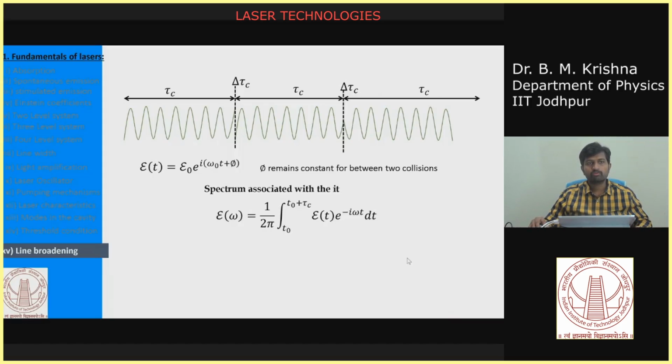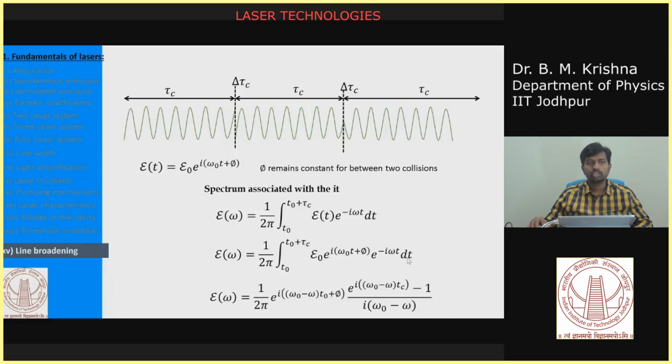So now for epsilon of omega, you substitute E of t as E naught e power i (omega naught t plus phi). You solve this equation and you will get something of the order of 1 by 2 pi e power i (omega naught minus omega) t naught plus phi, times e power i (omega naught minus omega) tc minus 1, divided by i (omega naught minus omega).